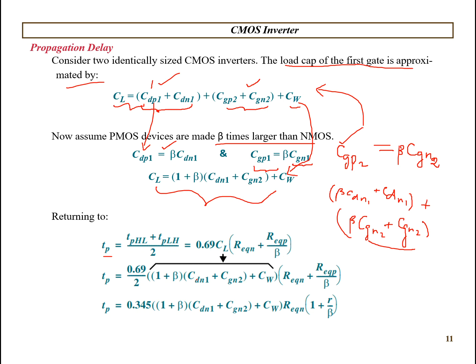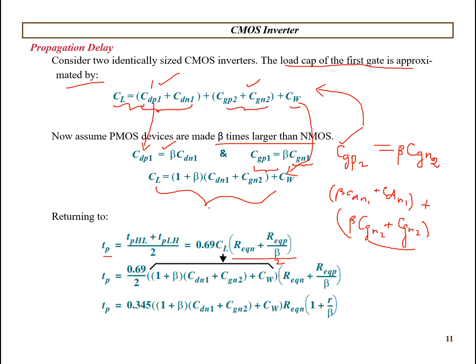Okay. And if you see here, I forgot to write divided by 2. It is TPLH plus TPHL divided by 2, hence I am writing divided by 2 in this equation. And the 2 is taken as common for 0.69 by 2.